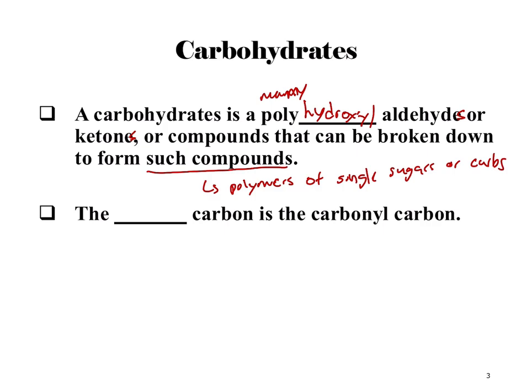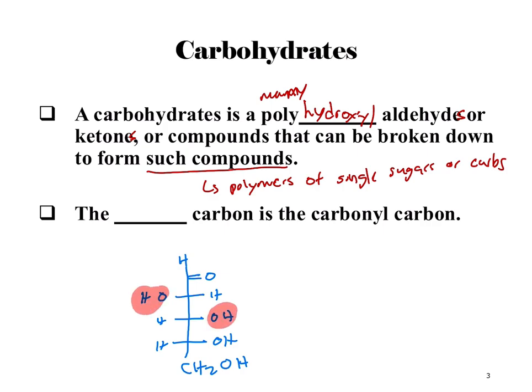And if we were to draw a picture of what a carbohydrate looks like, an example of one is represented by these structures that look like this. At every spot along the carbon chain, we have a hydrogen and a hydroxyl group.